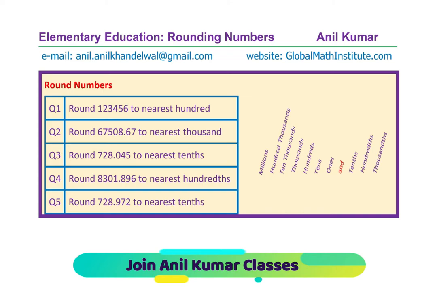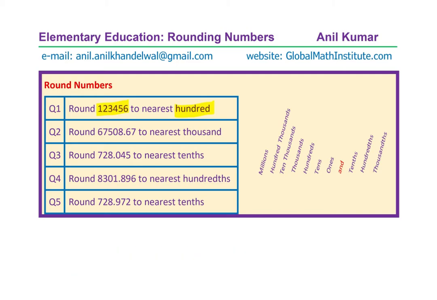The very first one here is to round 123456 to the nearest 100. How do we do that? Well, that means we are expecting an answer which ends like 400, 500, something like this. So the number here is 123456. When we want to round it to the nearest 100, that means this number 4 is in the place value of 100, right? As you can see, ones, tens, and hundreds.